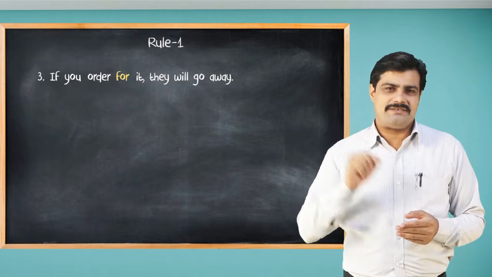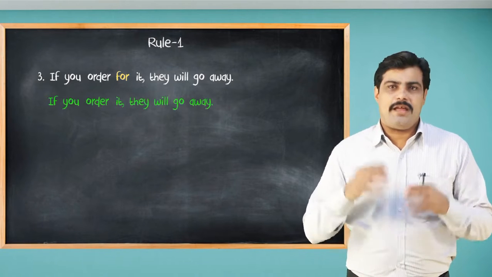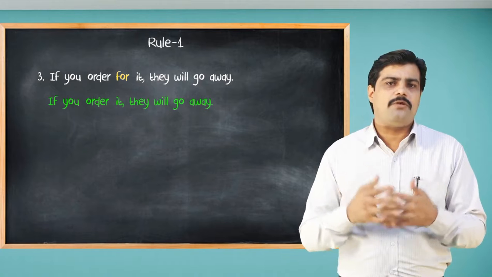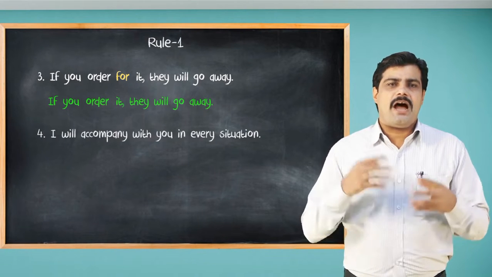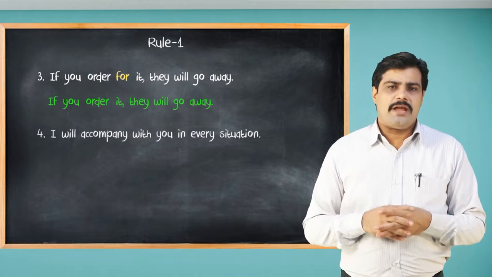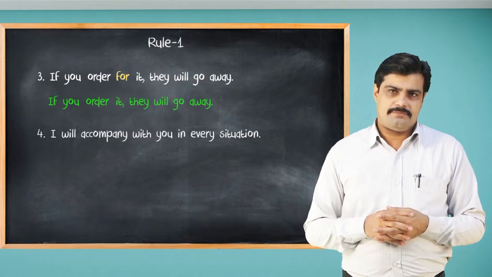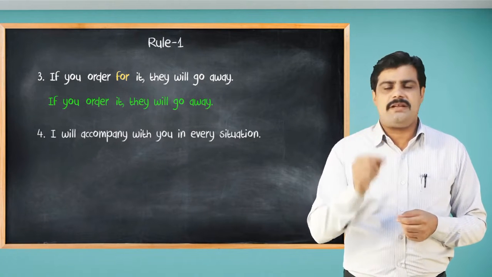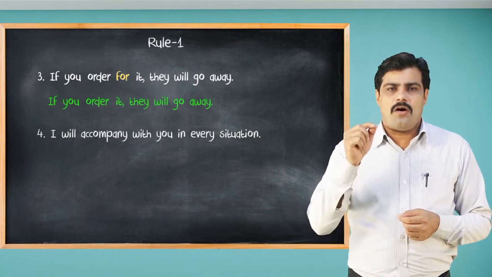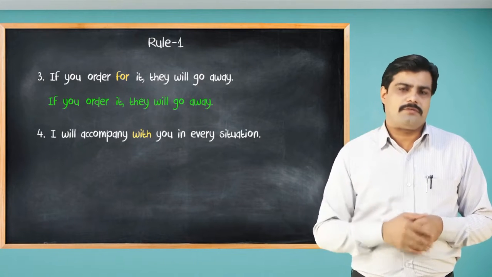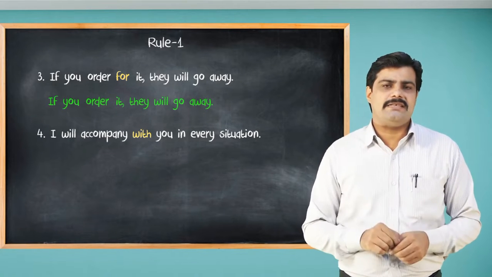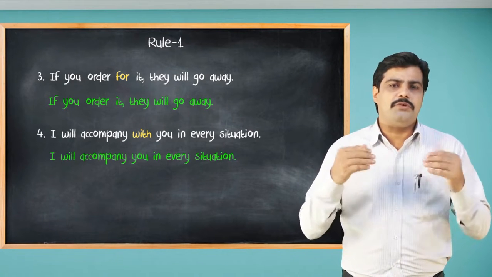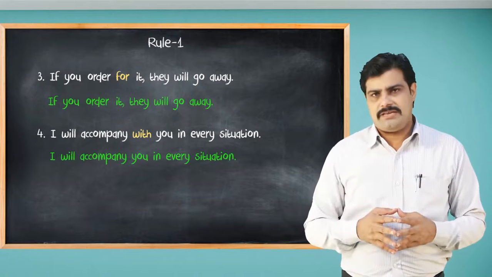So omit it and say, if you order it, they will go away. Another sentence you see, I will accompany with you in every situation. The preposition with is wrong here. Erase it and say the sentence, I will accompany you in every situation.